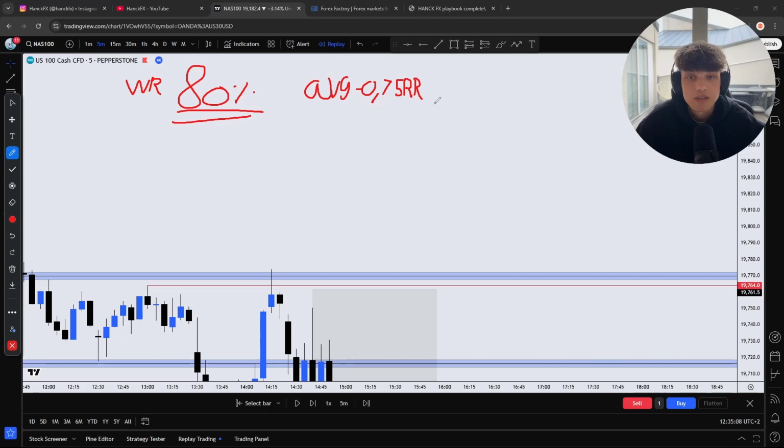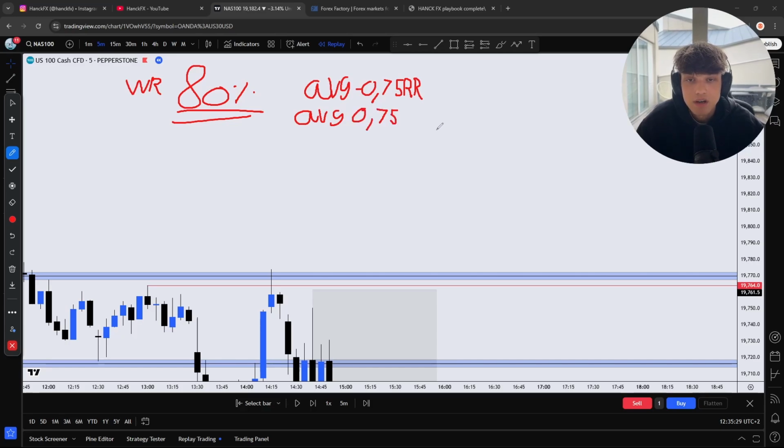Now, with this information, I also win about, let's just say, 0.8 R on average per trade. But let's just round it down again to the ICT haters that don't see the benefit of trading negative RR or one-to-ones. Well, let's say my average RR on a winning trade is about 0.75 as well.